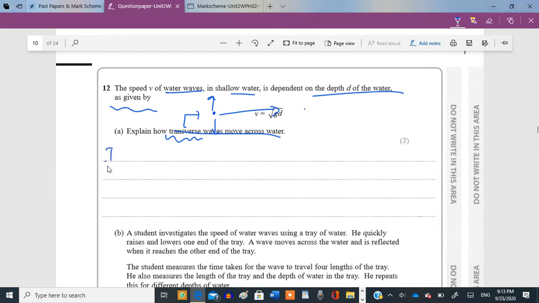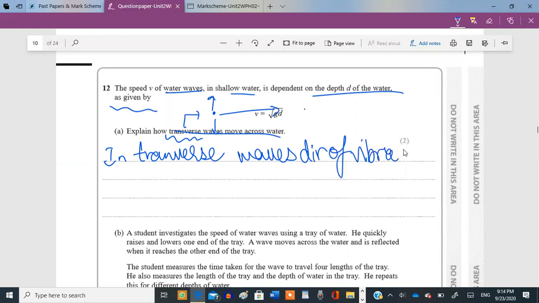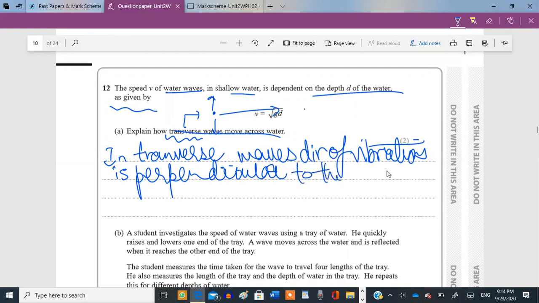So in transverse waves, the direction of vibrations is perpendicular to the direction of propagation of the wave.